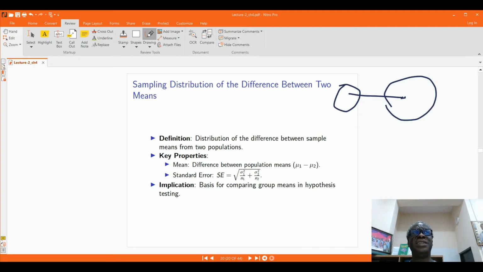For instance, this your class is a group different from the last year class. So I can compare the performance of last year's students with this year's. So we have two groups. This tool can be used to compare and even test hypotheses about two groups.